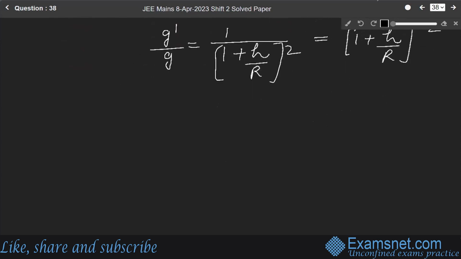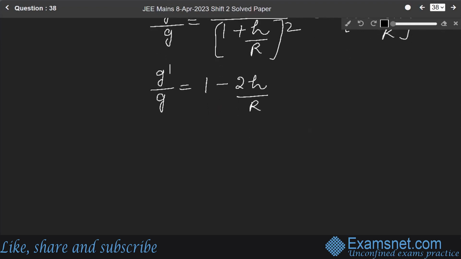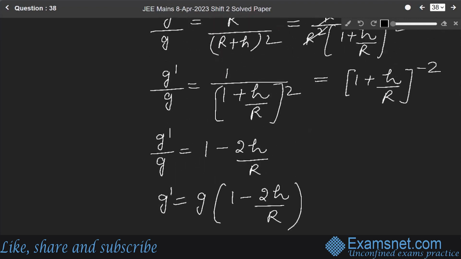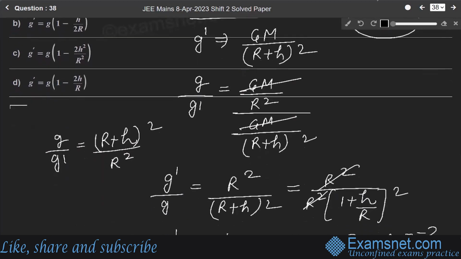Using binomial expansion, g dash over g will become 1 minus 2h over R. So g dash is equal to g into (1 minus 2h over R). So our correct option is option D, g dash equals g (1 minus 2h over R).